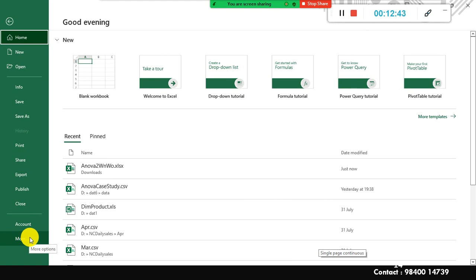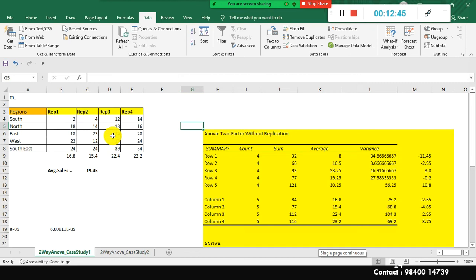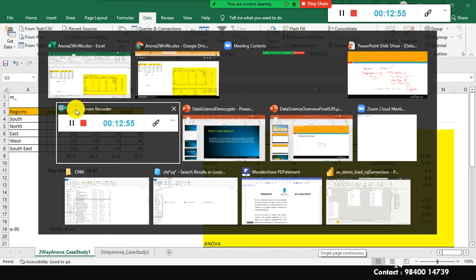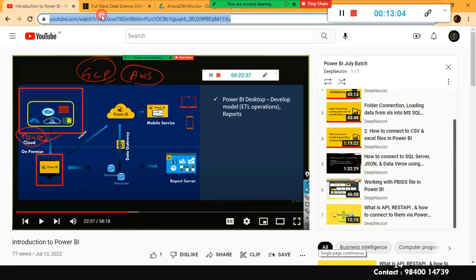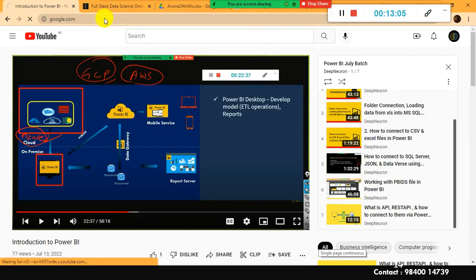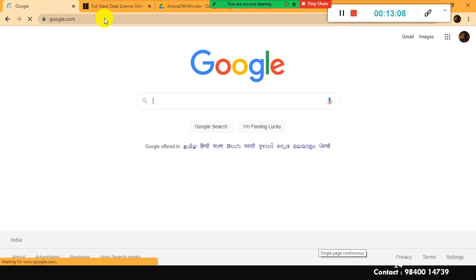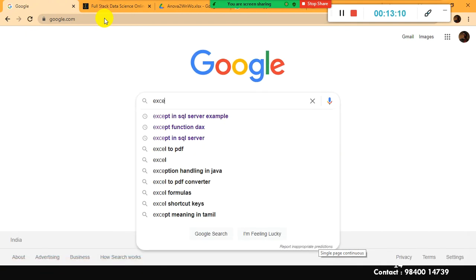When you click on the options, it will open up a window. In that window, you need to click on add-ins. I will just go to Google, and I'll show you here. Sorry, I should have checked it earlier, because of the hurry I could not. See here, Excel options.